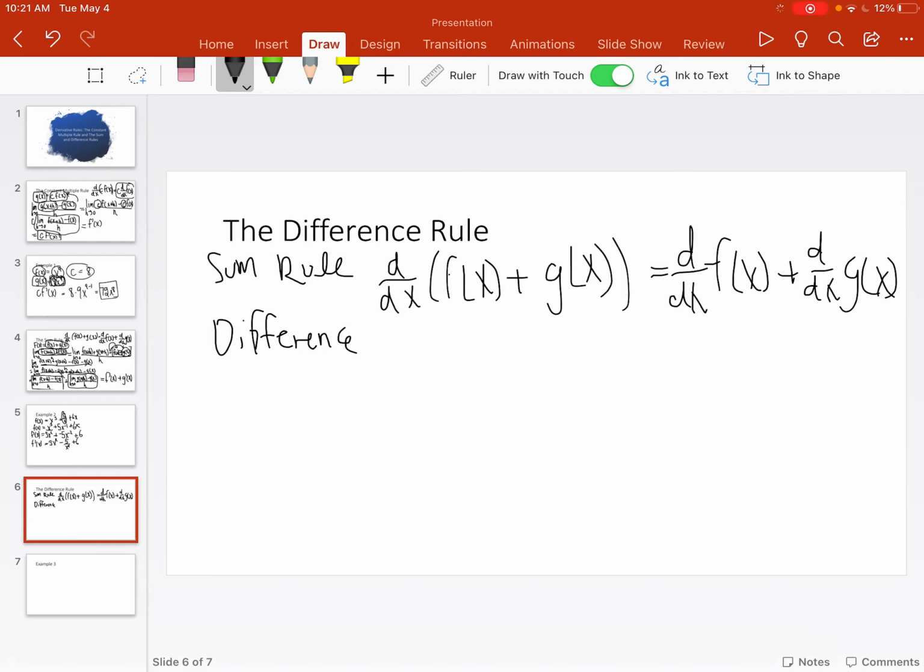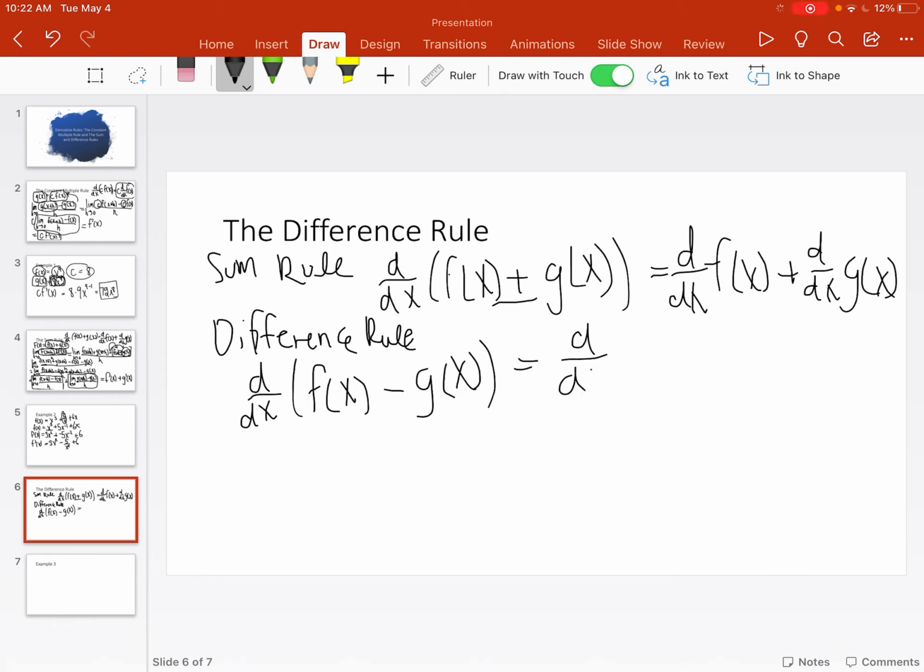What the difference rule says is the derivative, we still got our f and g, now it's f of x minus g of x. It's just a sign change. It is just equal to the derivative of f of x minus the derivative of g of x.